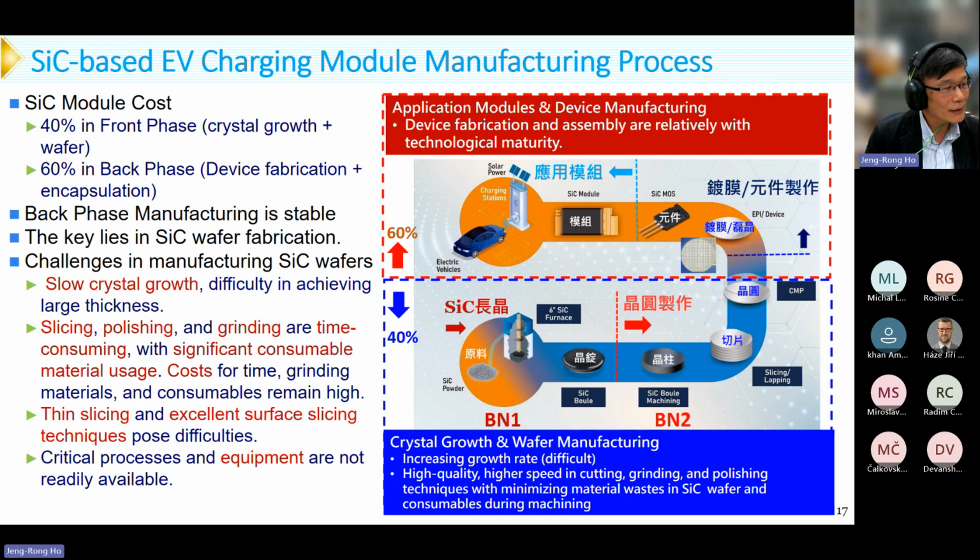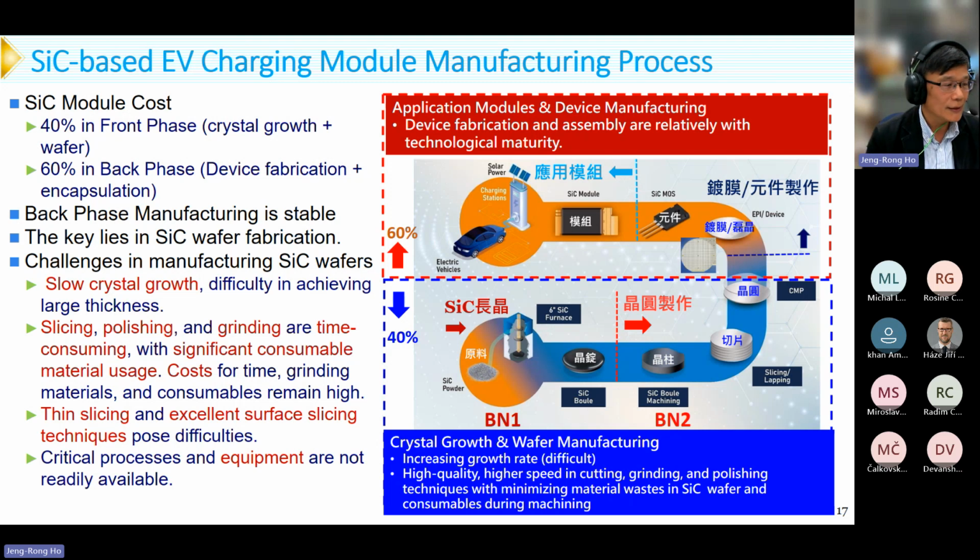And the back phase is about 60%. But for these 2 phases, the manufacturing techniques are stable and very mature.